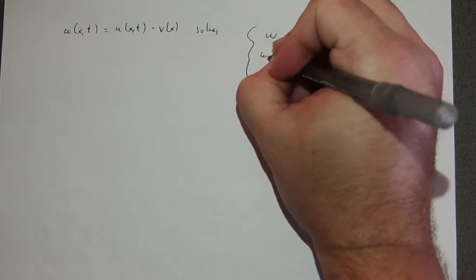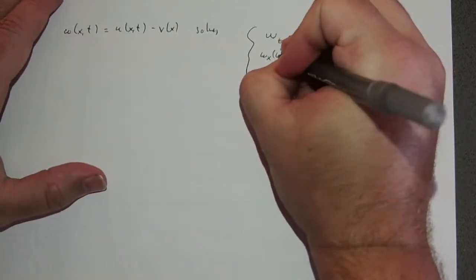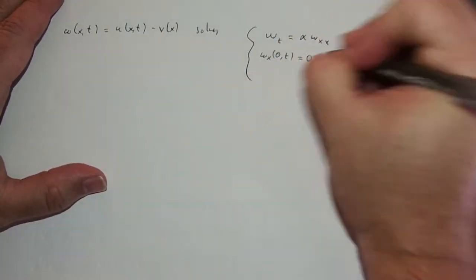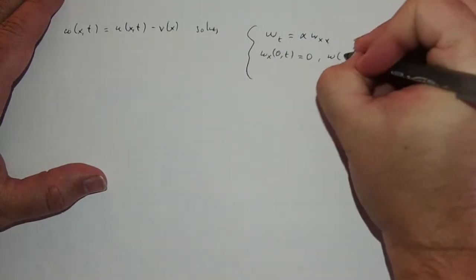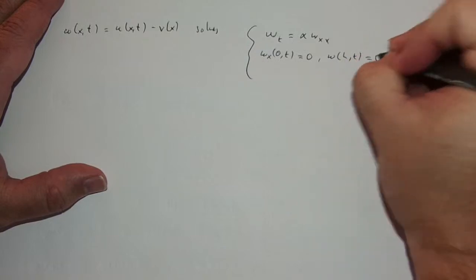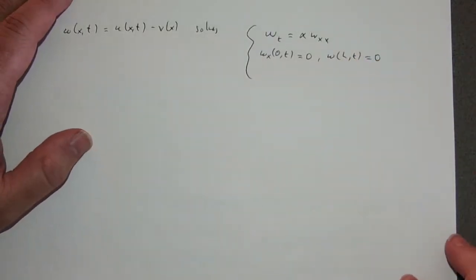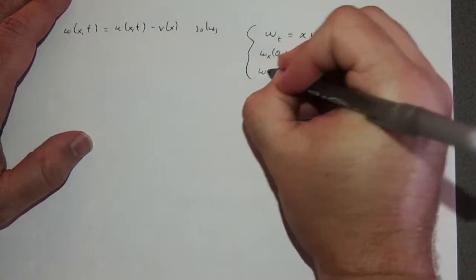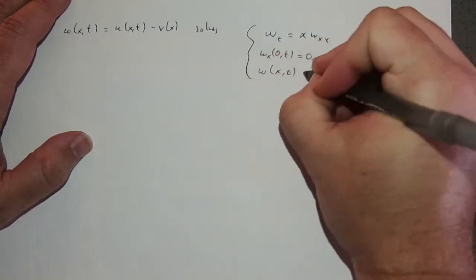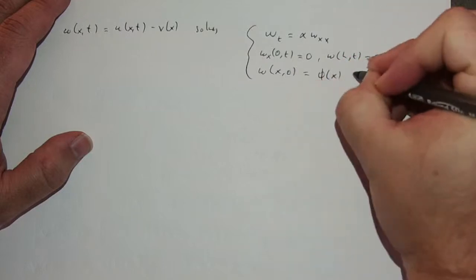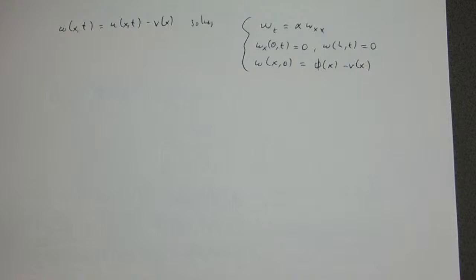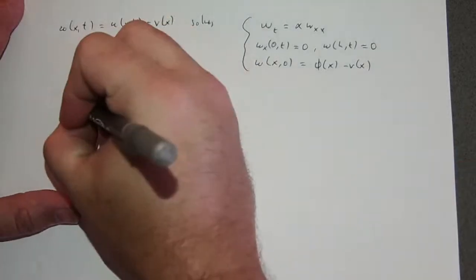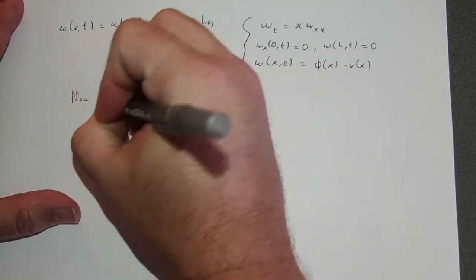W sub x at (0,t) is 0, and that is the same as w sub x at (L,t), which is also 0 now. And the initial condition w of x,0 is phi of x minus v of x. And so now we solve this.